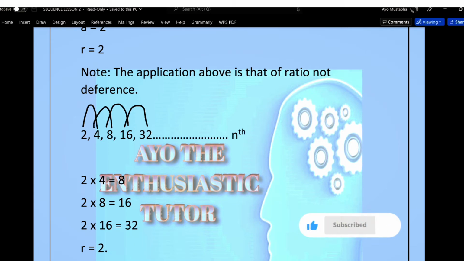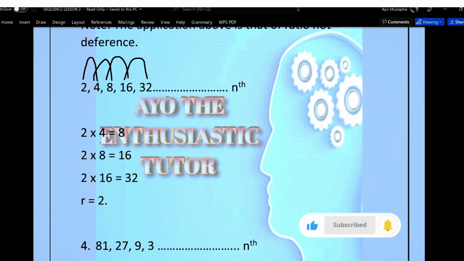So we have 2 multiplied by 4 gives us 8, which is the next in line after 4. So we have 2 multiplied by 8 gives us 16. Then we have 2 multiplied by 16 gives us 32. So that's how we arrive at our ratio, which is 2.